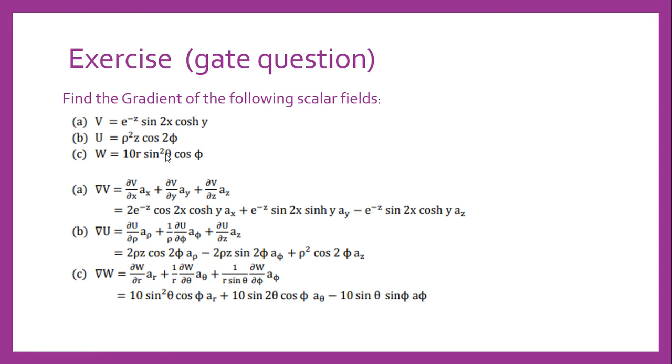Then with respect to theta, 1 by r should be kept as such. sin square theta gives 2 sin theta cos theta, a theta. Then with respect to phi, cos phi will change into minus sin phi. So likewise you have to do the problems.